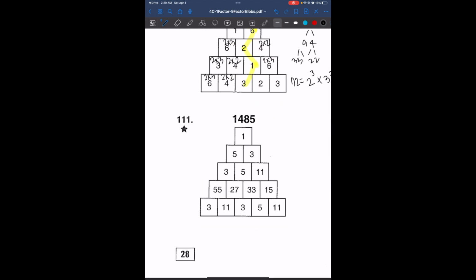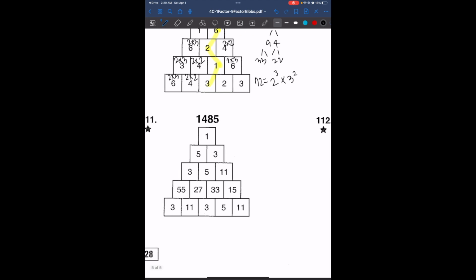For problem 111, we have 1,485 as our target number. And the sum of the digits is 18, so that means it's divisible by 9. And so when 1,485 is divided by 9, we get 165, right? So going back to division, which we learned in the previous video, we get 165.